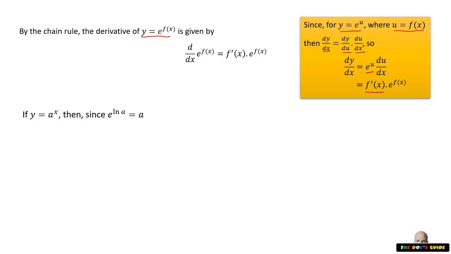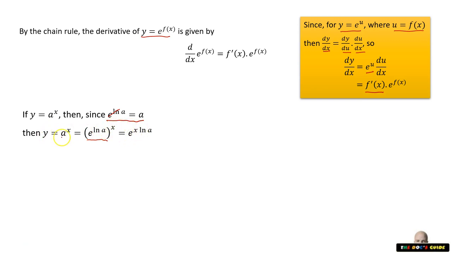So if y equals a to the x, we're going to make use of the fact that e to the log a is the same as a, because the exponential and the log cancel each other out. So we can write y equals a to the x as e to the log a, raised to the x. Then we can use our power rule for indices to multiply these two powers together.